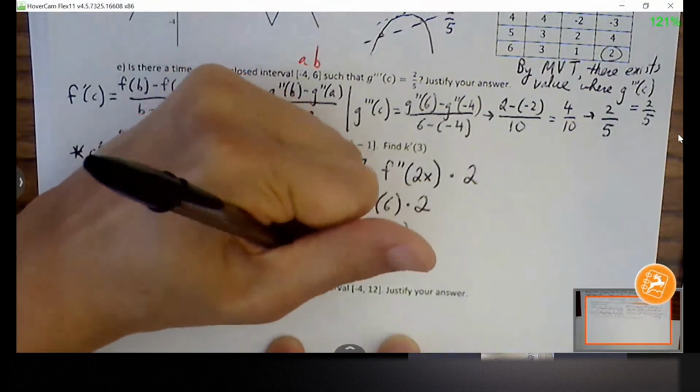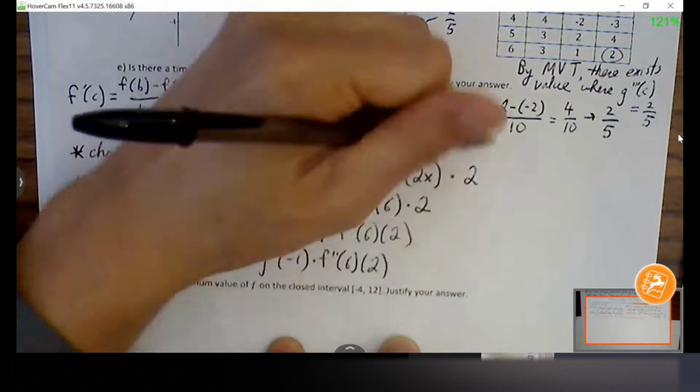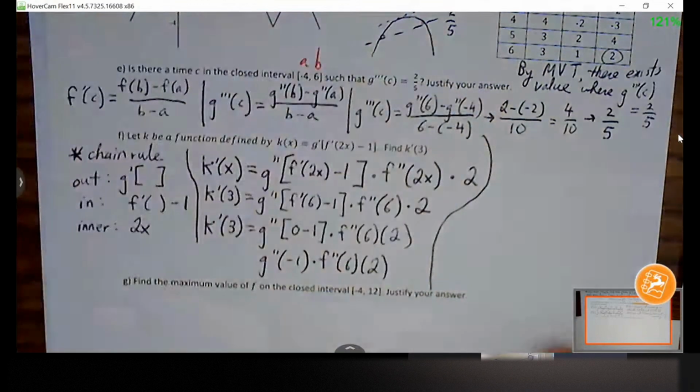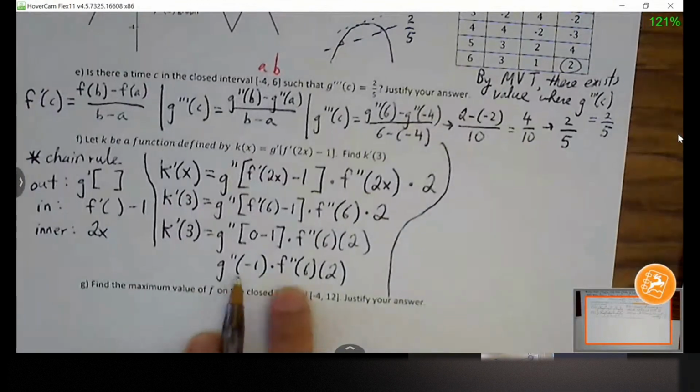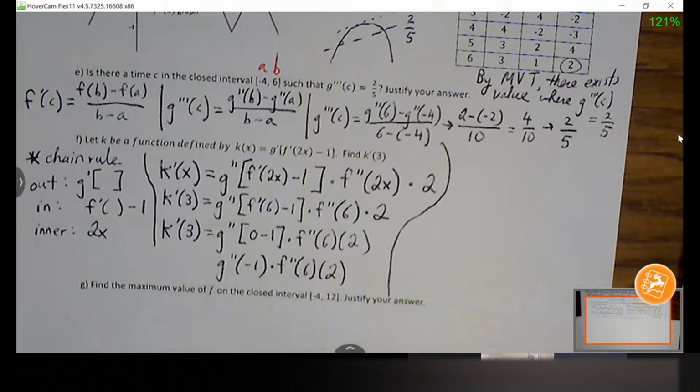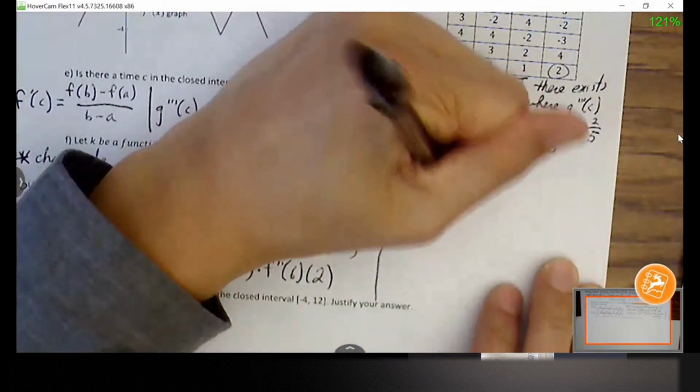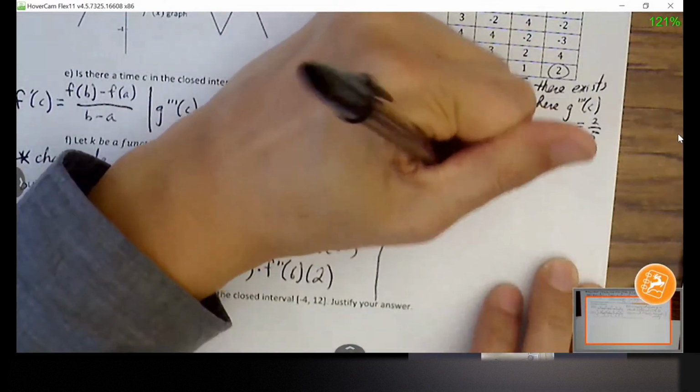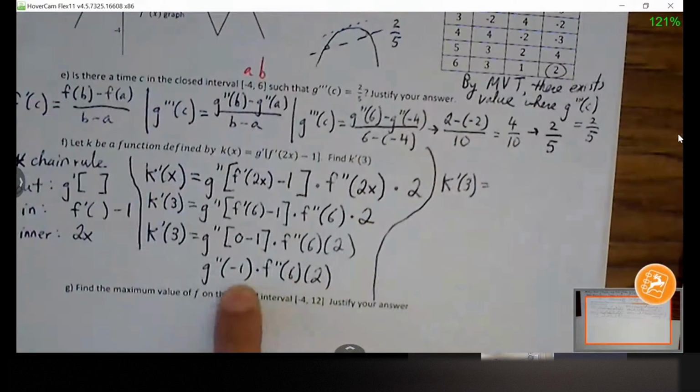If we're able to do this in fewer steps, then no problems there. All right, so now I have everything nicely laid out. There's no more function within the function. I just need to figure out that value and multiply by 2, and I'm done. Okay, G double prime of -1.